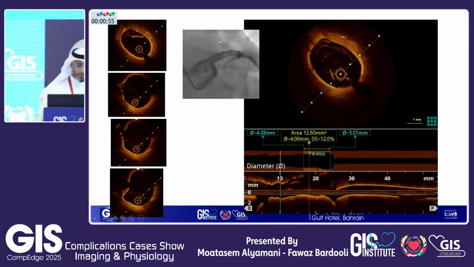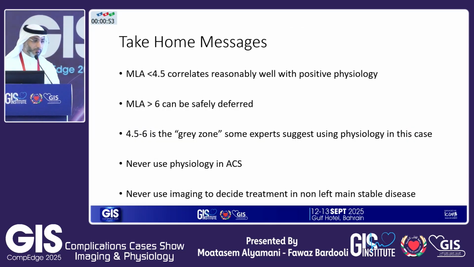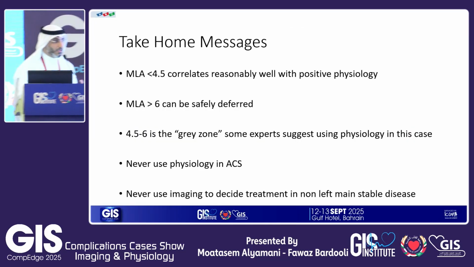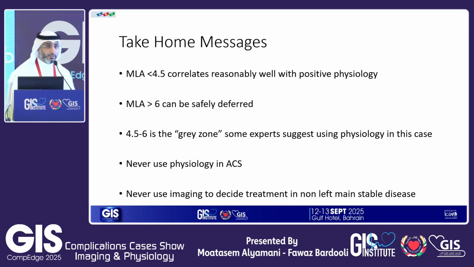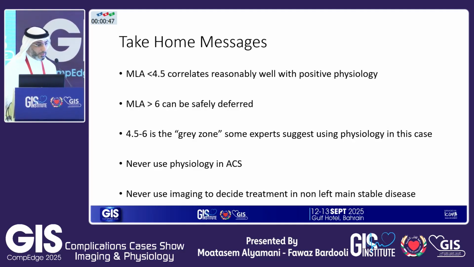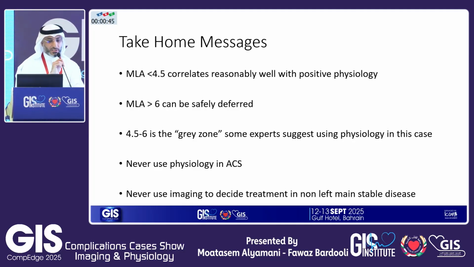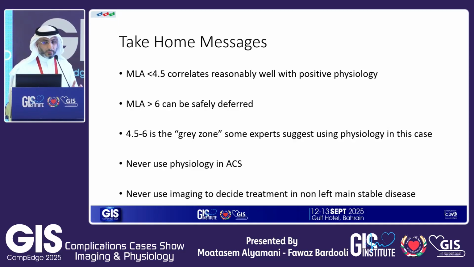In that case, the area was between 4.5 and 6. So it is in the gray zone, and the iFR is negative. So our take-home message is basically if you have an MLA in left main that's less than 4.5, this correlates reasonably with positive physiology. So for us, it is a no-brainer to treat.